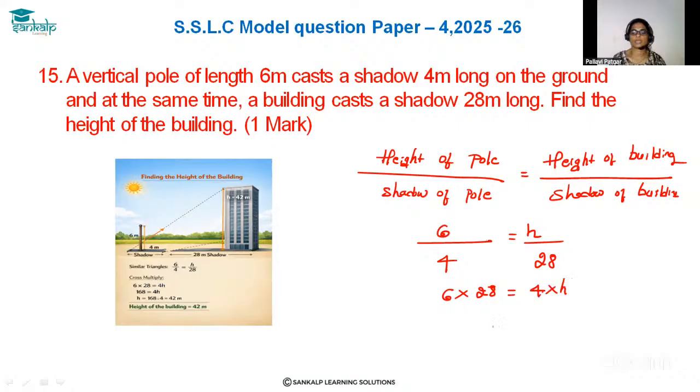So h is equal to 6 into 28 divided by 4. 4 sevens are 28. So 6 into 7 is 42 meter. So the height of the building is 42 meter. Thank you.